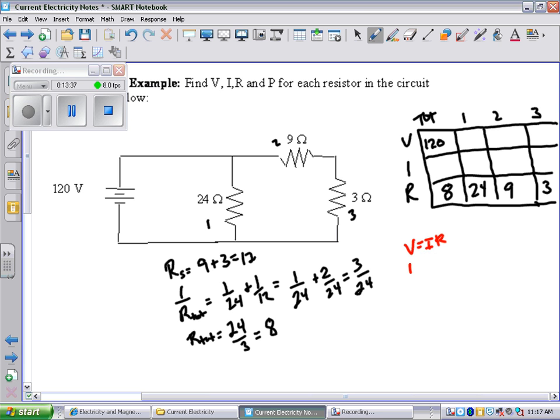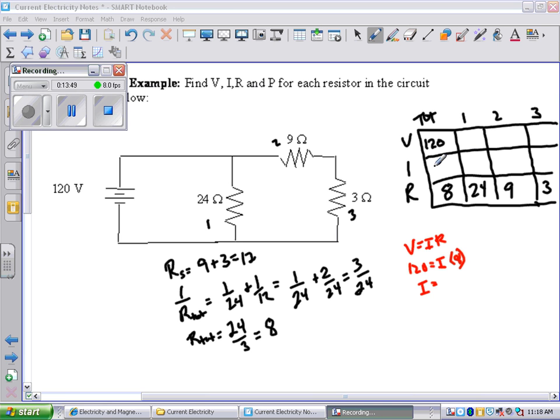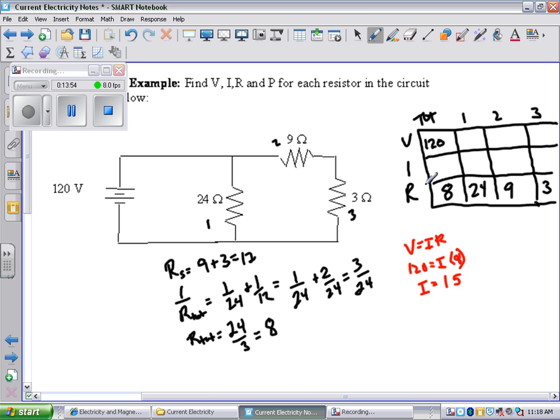So 120 equals I times 8, and that's going to give me a current of 15 amps. So I'm going to put 15 in here.